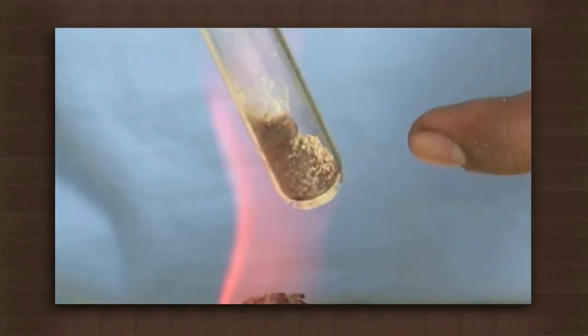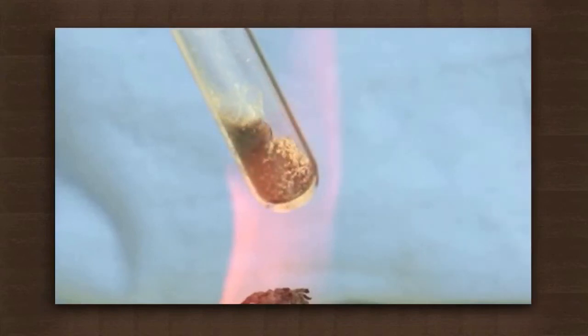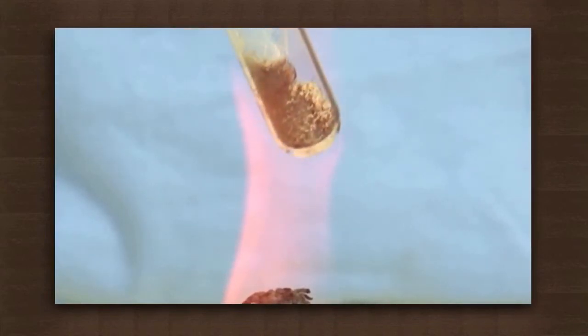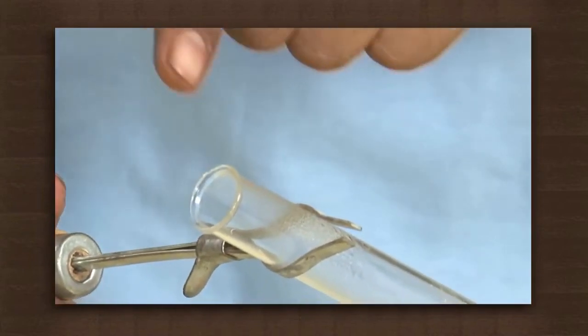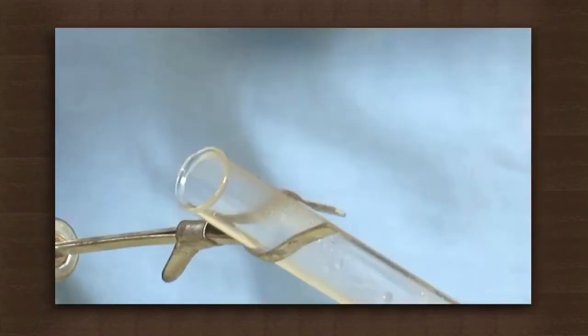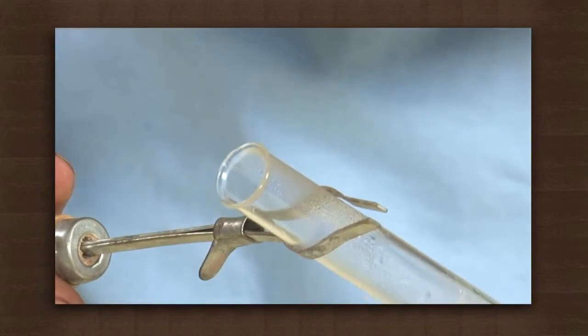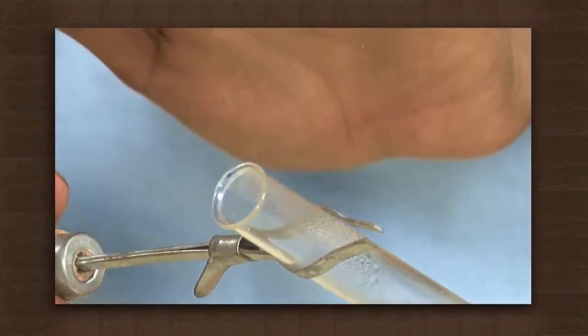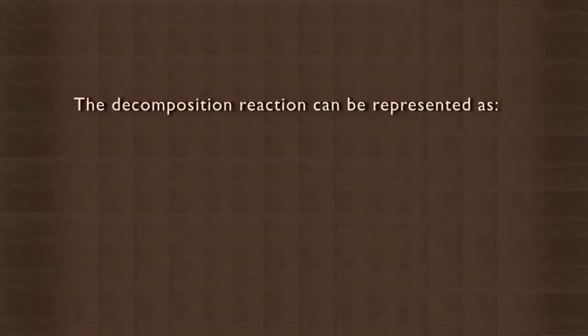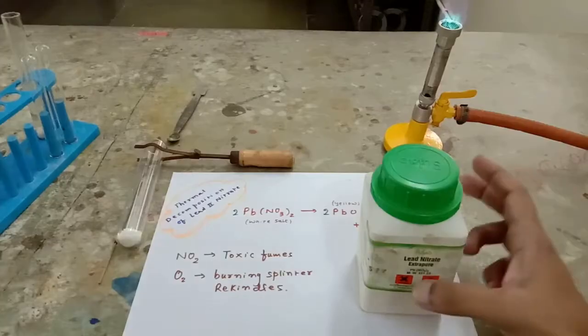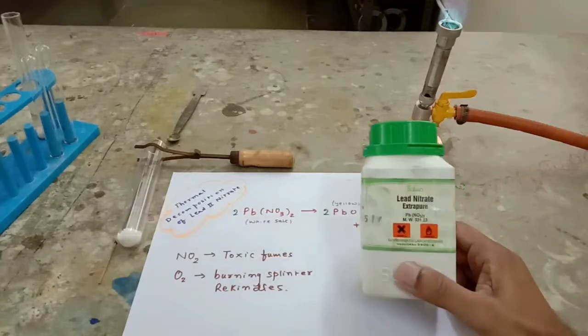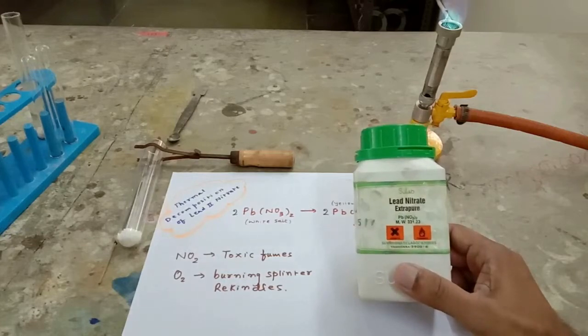Pale green color crystals of ferrous sulfate change into brown because of the formation of ferric oxide, and we could get the burning smell of sulfur because of the liberation of sulfur dioxide gas. 2FeSO4 gives Fe2O3 plus SO2 plus SO3.